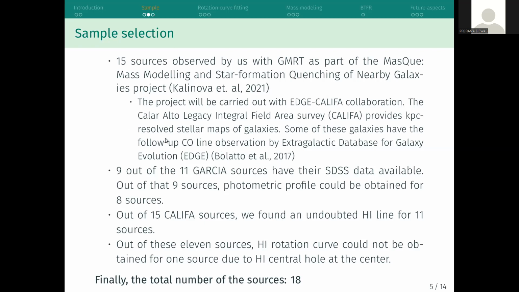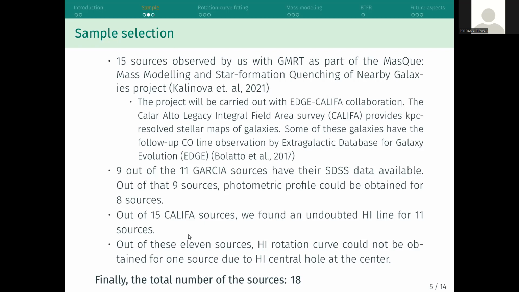Now, with this, we have 26 sources, and 9 out of the 11 Garcia sources have their SDSS data available. We need the SDSS data because we wanted to do the photometry to find out the stellar velocity contribution to the total velocity.